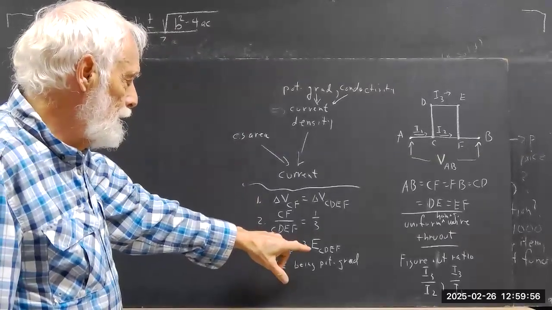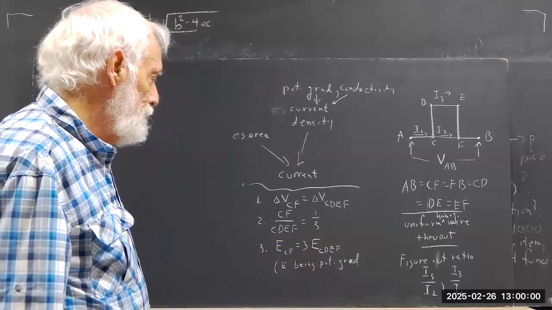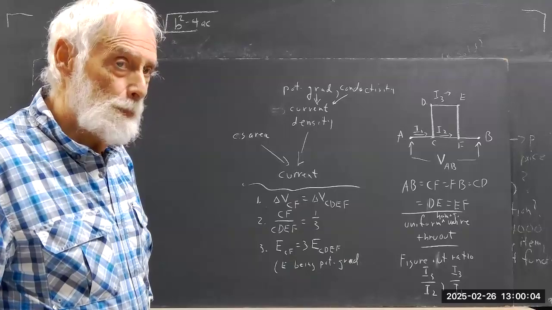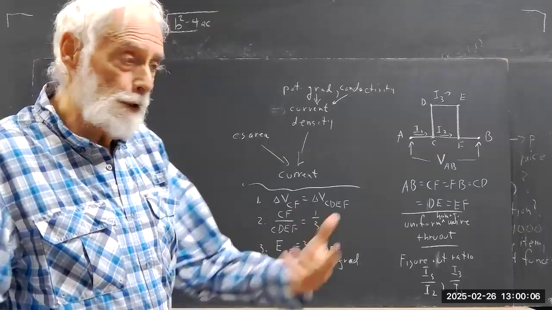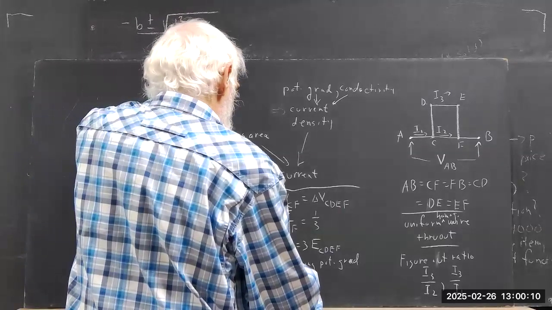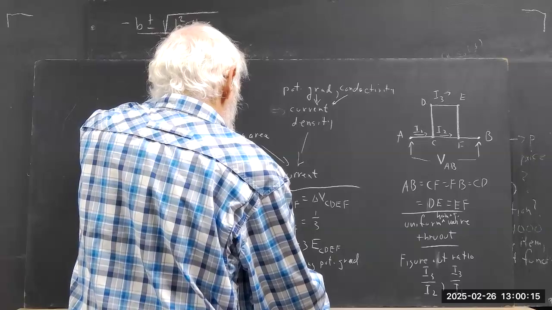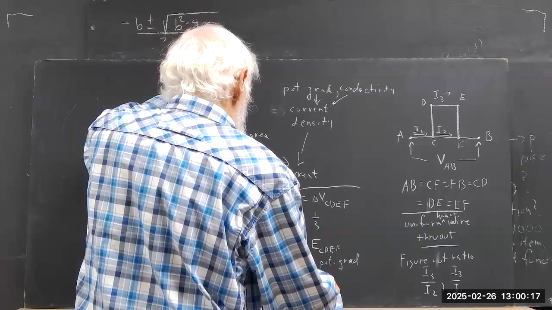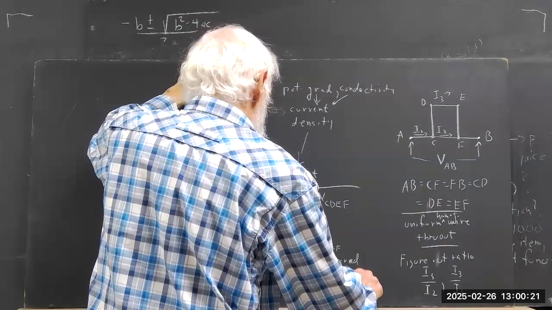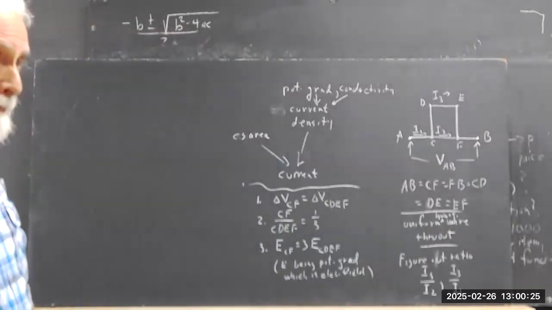So I'm going to say E_CF equals 3 times E_CDEF, E being the potential gradient. But the potential gradient is the electric field, so I call it E. Okay.